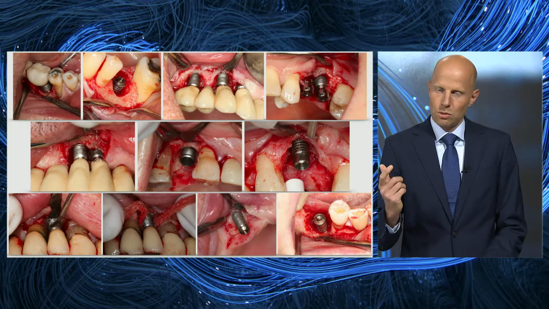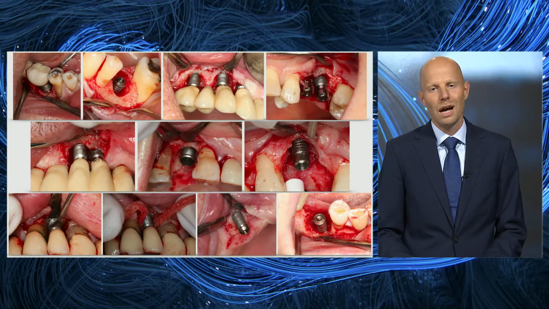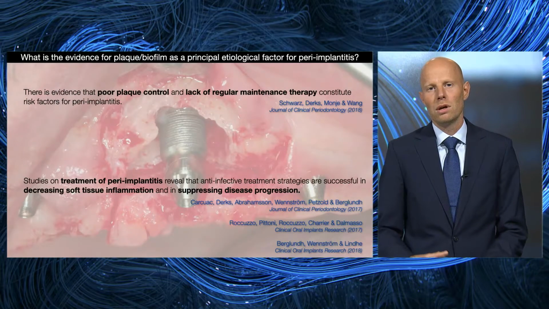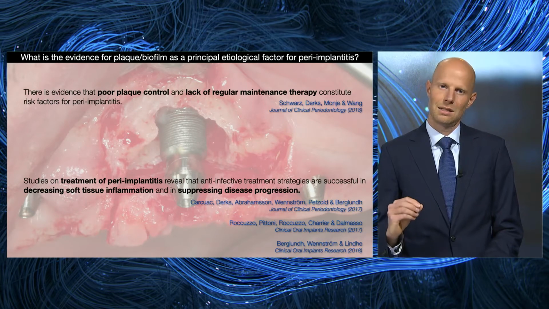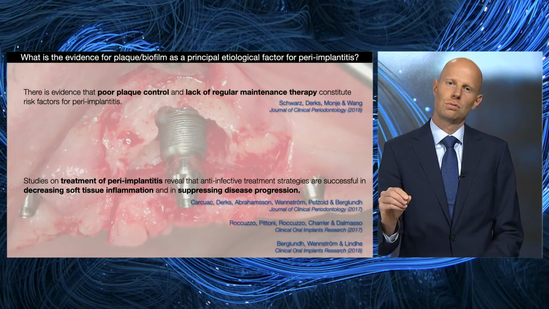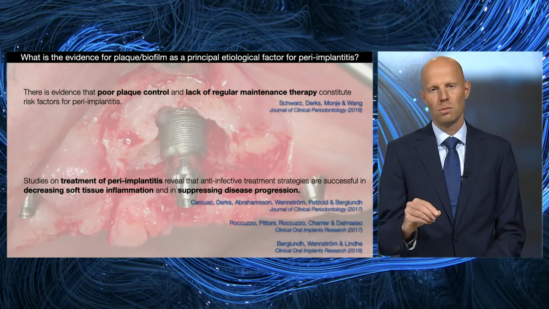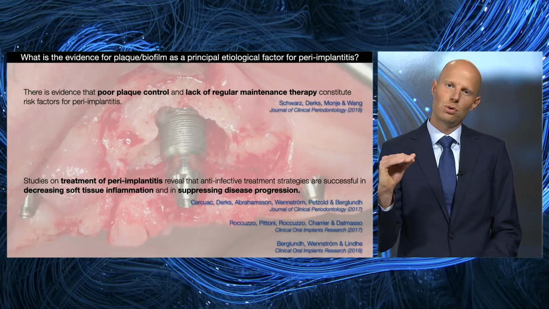Now I'm showing you one successful case and a couple of clinical illustrations, but I will back this up with convincing clinical evidence that indicates that in the long term, using this approach, the treatment of peri-implantitis will result in stable bone levels.